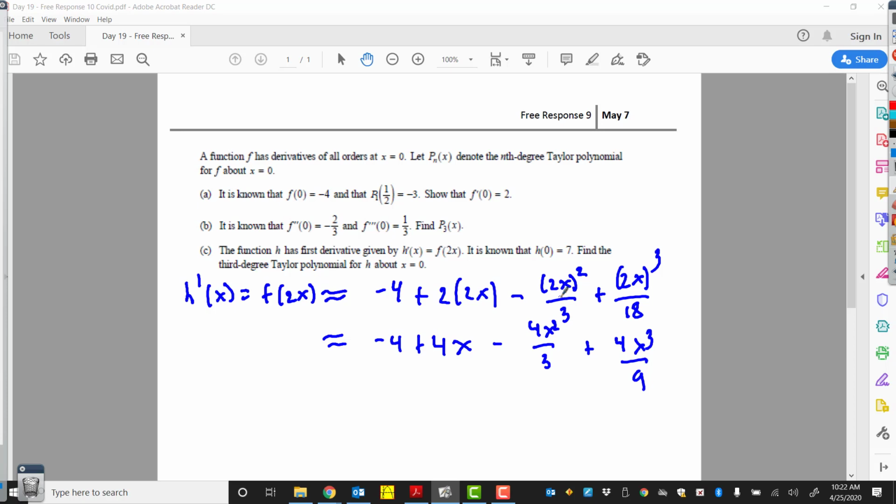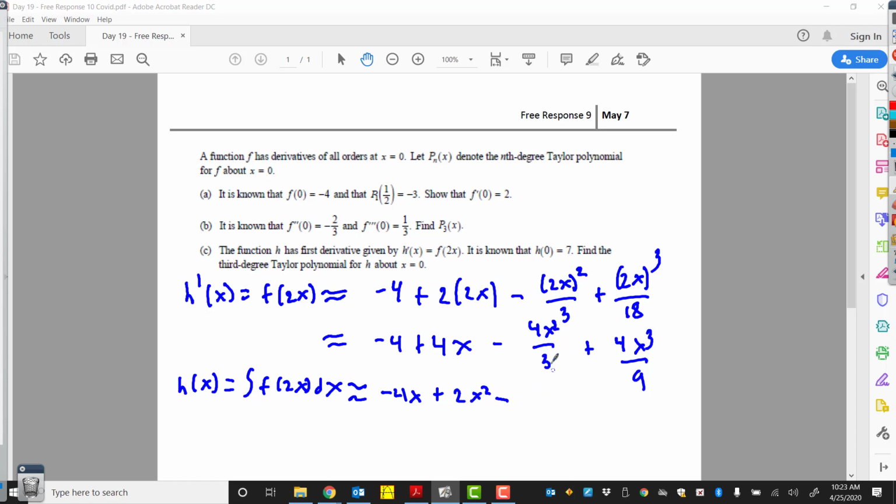Okay. Now, let's get to the next part. The next part tells us that we want to find h if we know that h of 0 is 7. Well, let's first figure out what the general form of h of x is. h of x is going to equal the integral of f of 2x dx, which means we're going to integrate this. What's the integral of negative 4? Well, that's negative 4x. Integral of 4x, that's 4x squared over 2, or 2x squared.